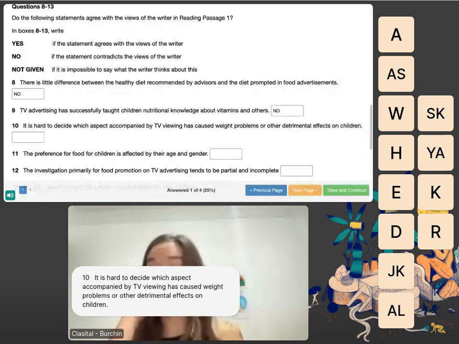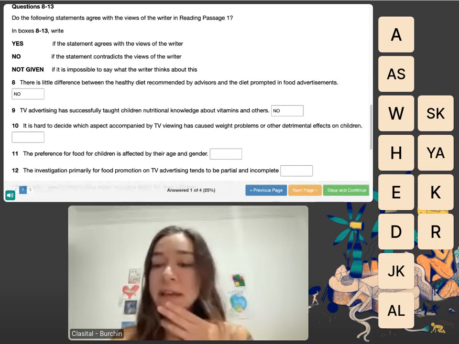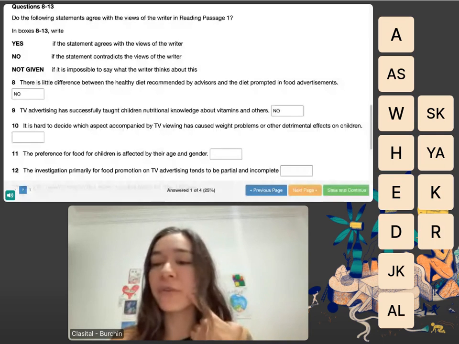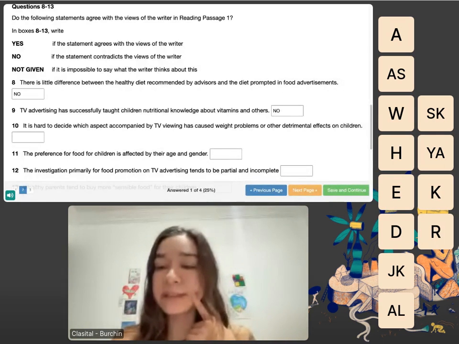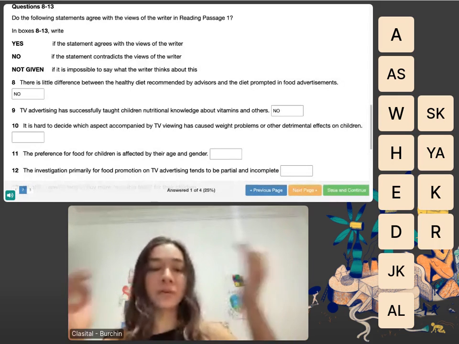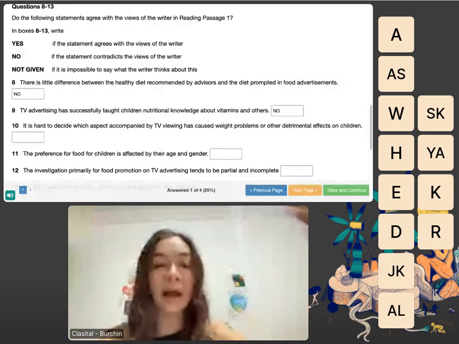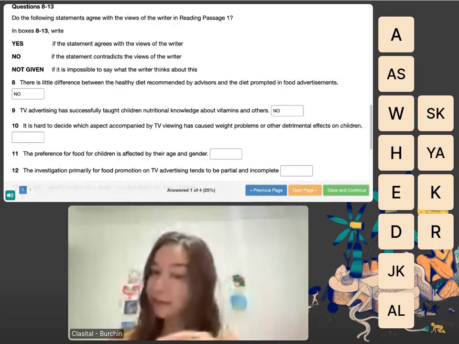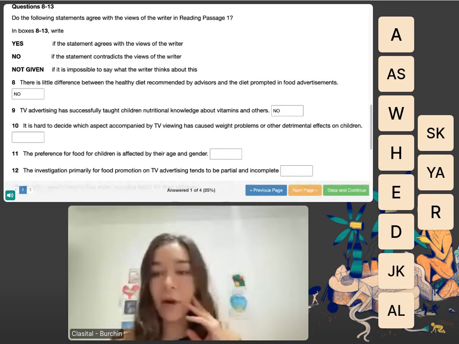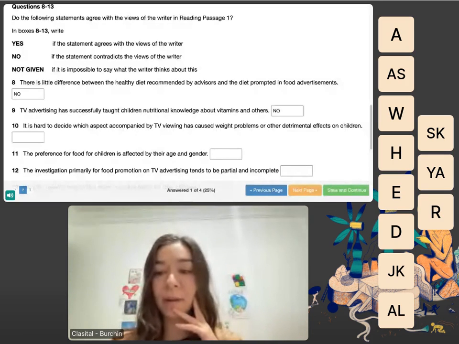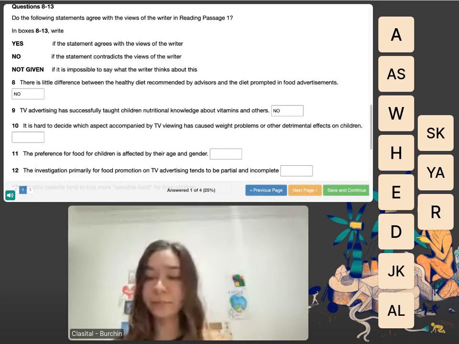It is hard to decide which aspect accompanied by TV viewing has caused weight problems. It is hard to decide. Okay, let's go one by one. It is hard to decide which aspects accompanied by TV viewing has caused weight problems or other detrimental effects on children.